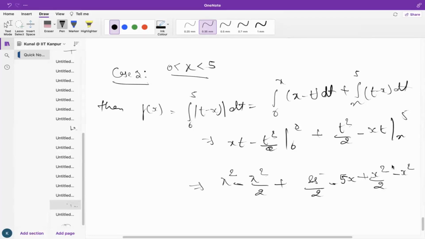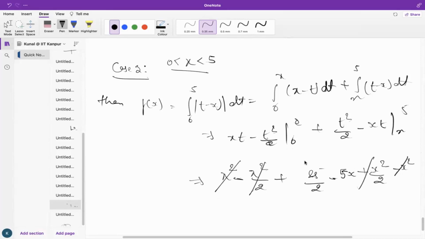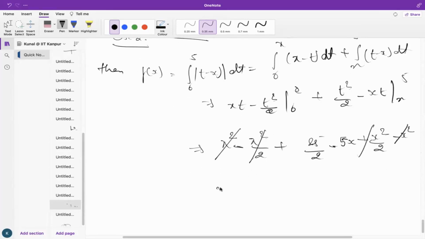I hope you all understand what I'm trying to say. So x square gets cancelled, x square by 2 gets cancelled, and what we get here is 25 by 2 minus 5x minus 25 by 2.